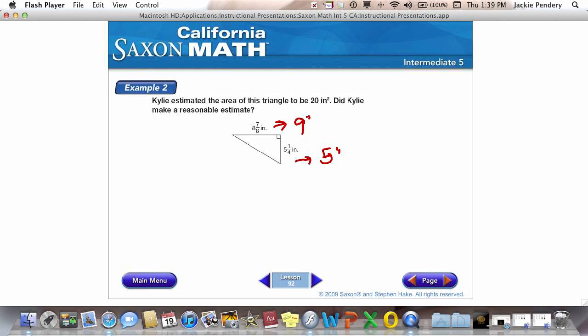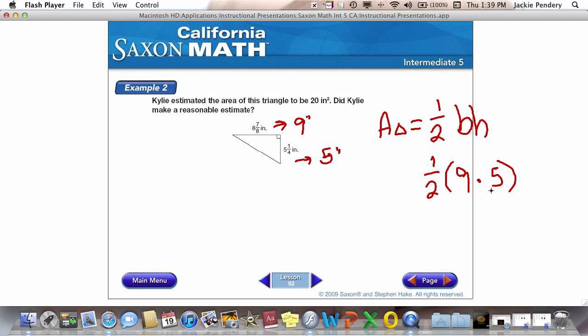And the area of a triangle equals 1/2 the base times the height. So I have 1/2 times my base, which is 9 inches, times my height, which is 5 inches, 1/2 times 45.